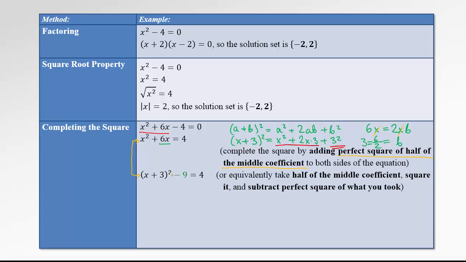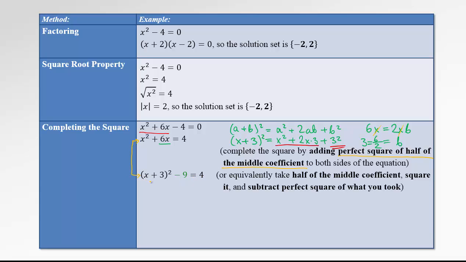After squaring, since this perfect square of binomial consists of 3 terms, it is x squared, it is 6x, and it's also plus 9. So it's really larger than our previous expression by 9. Therefore, we need to subtract this 9 in order to make sure that our left-hand side is equivalent to the previous left-hand side. And after this step, we just copy the rest. Therefore, it's equal to 4.